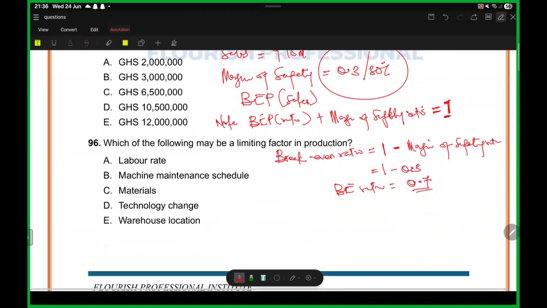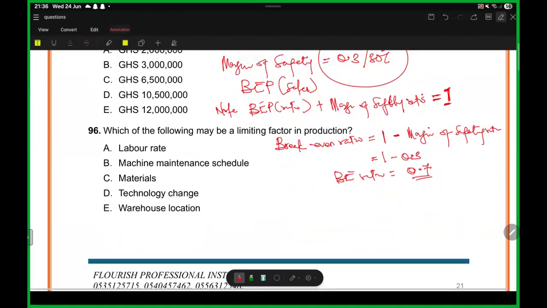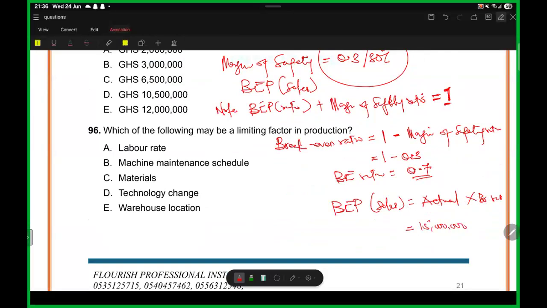Once you have the break-even ratio as 0.7, you can get the break-even point in sales. Break-even point in sales is equal to the actual sales times the break-even ratio. So the actual sales is 15 million times the break-even ratio of 0.7.